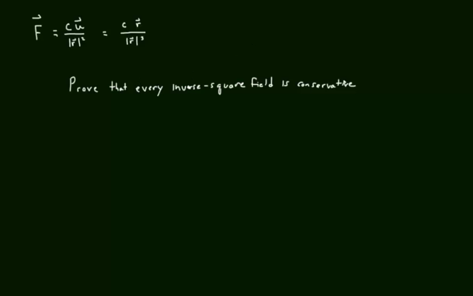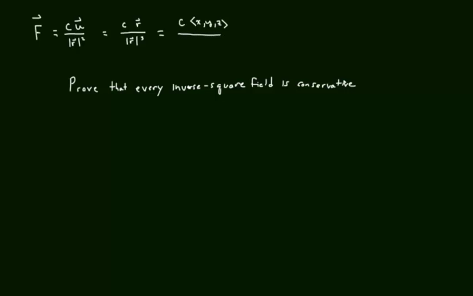Now let's prove that every inverse square field is conservative. Once again, I have it written up here, the definition of an inverse square field. I'm going to write it a little bit more explicitly. Let's say C. Now, what is vector r in terms of x, y, and z? Well, it's going to be x, y, z components make up vector r.